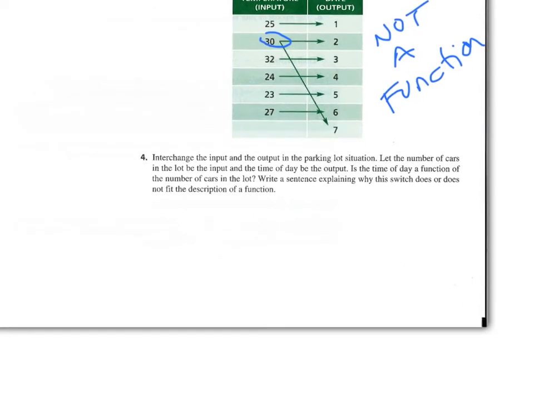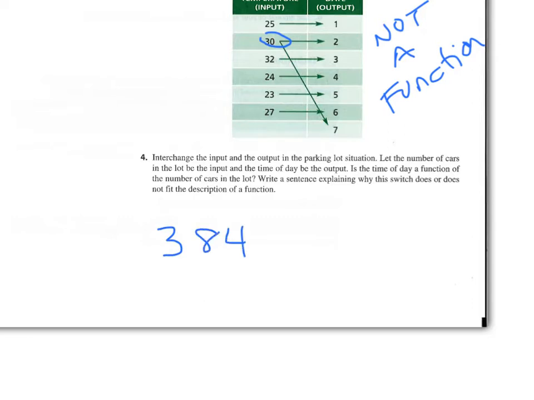So if we go back to the parking lot situation, you would have to scan down and see if there's ever two different times where it's got the same number of cars. And I see that if I switch it, number of cars is my input, there's a 384, that number of cars that happens twice.